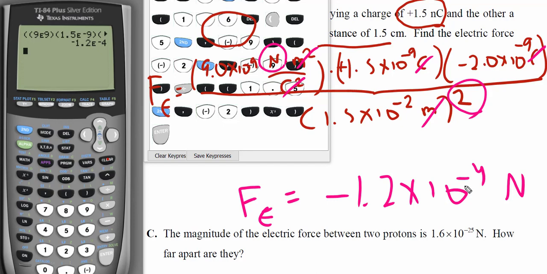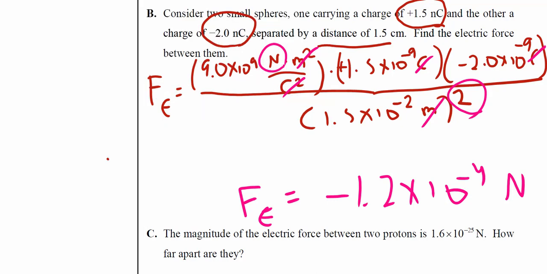In this problem, it did not say the word magnitude. So you need to have the sign. And what this negative sign is telling us is that this is an attractive force. This should be pretty obvious because you have one positive charge and one negative charge. You have opposites that are attracting.